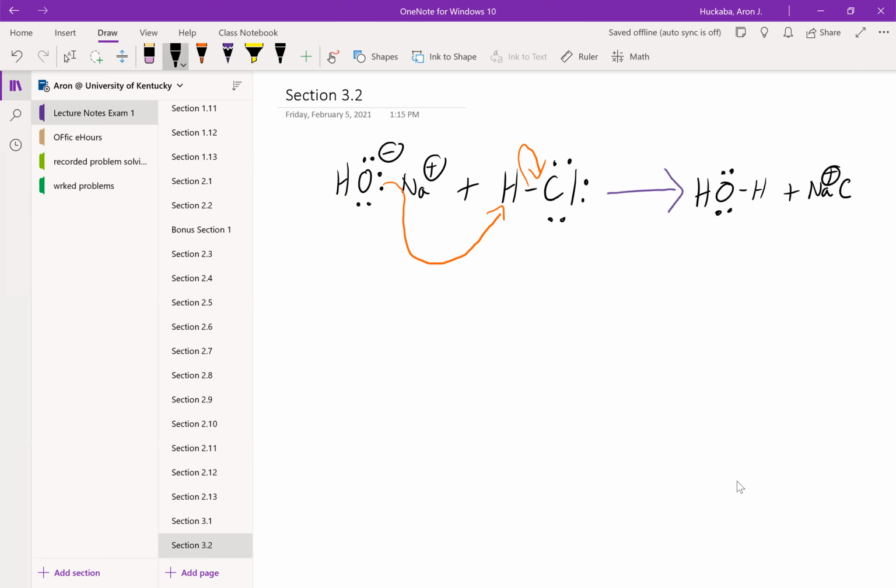And that reaction is shown here. This is something that we have not done in this course because now is when we're starting to learn it.